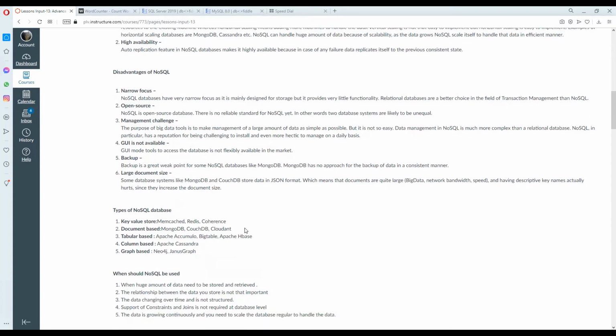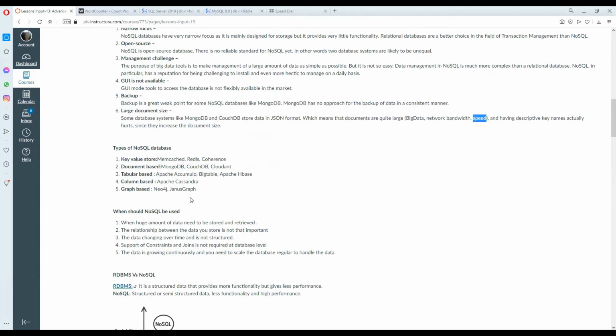Lastly, large document size. Some database systems store data in JSON format, which means that documents are quite large. So we have big data, big network bandwidth, and issues with speed. And having the scripted key names actually hurts, since they increase the document size.